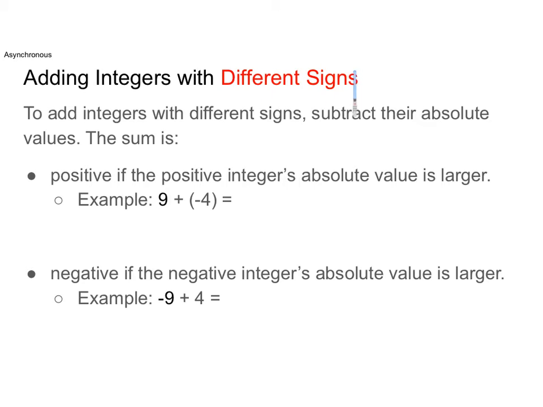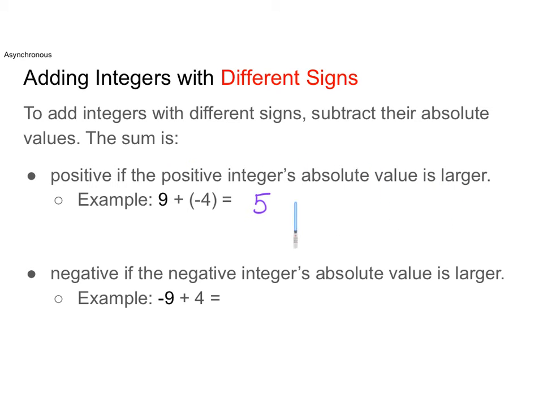They are different signs. I take the absolute value of 9, which is 9, and the absolute value of 4, which is 4, and I subtract. So I basically do 9 minus 4 in my head. What is 9 minus 4? It's just 5.